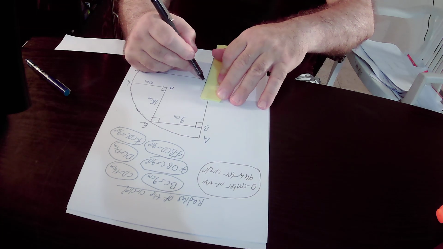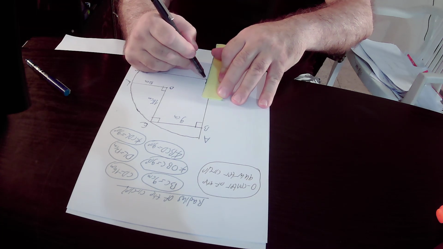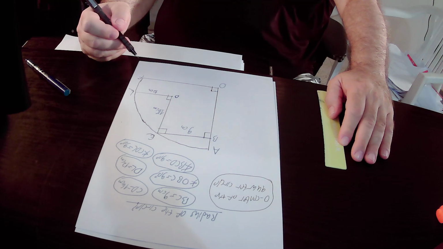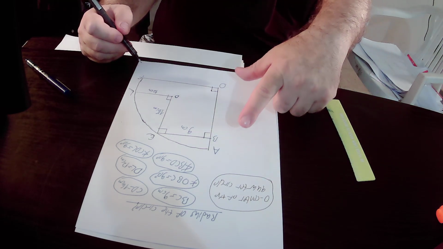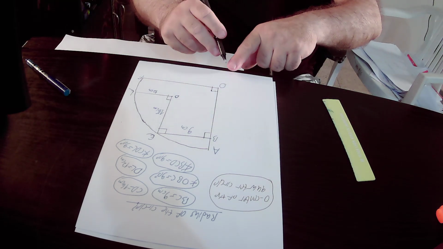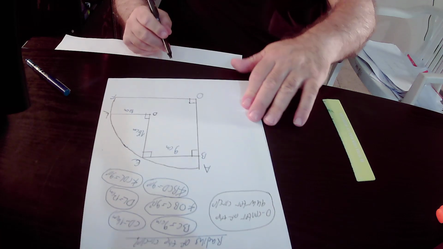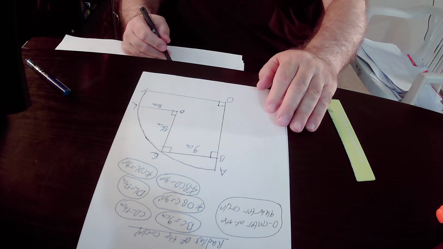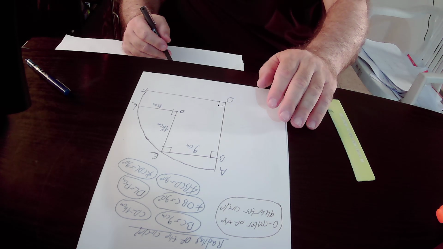Line segment OA and line segment OF are both the radii of the quarter circle.